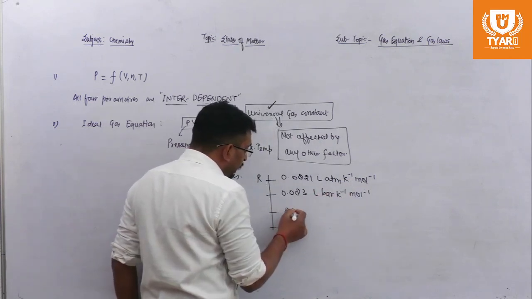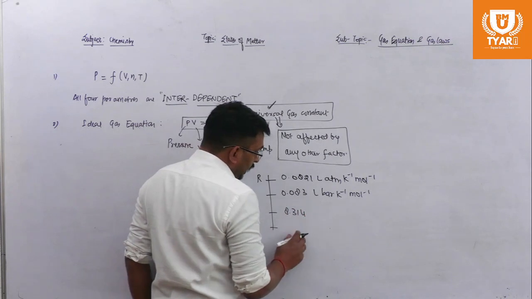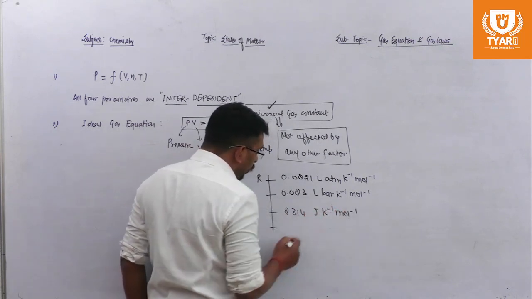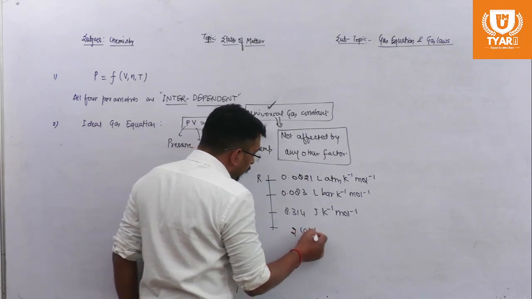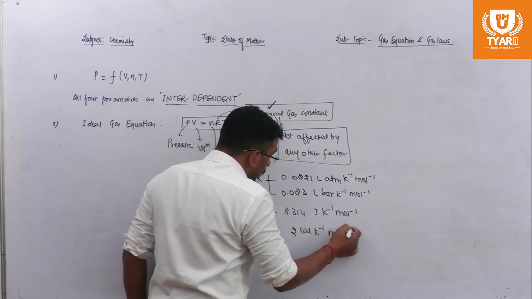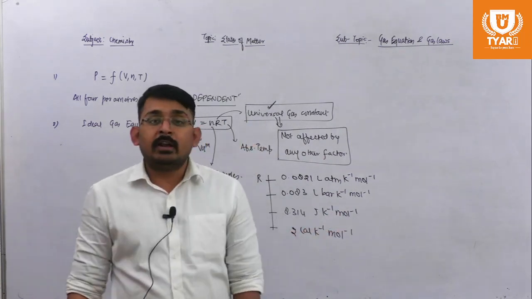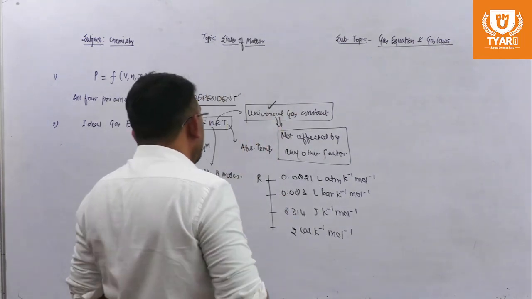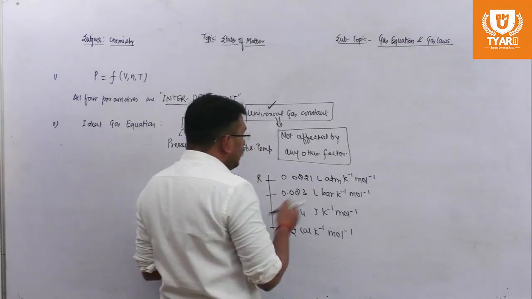Then 8.314 joule per Kelvin per mole. Then another, 2 calorie per Kelvin per mole. These are the four values of the universal gas constant.